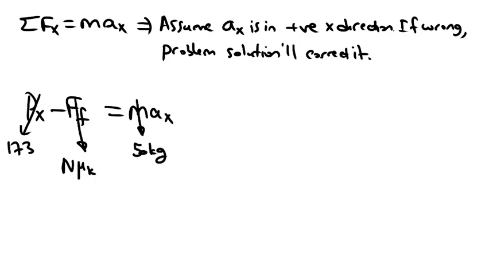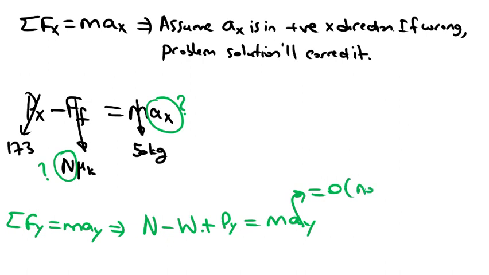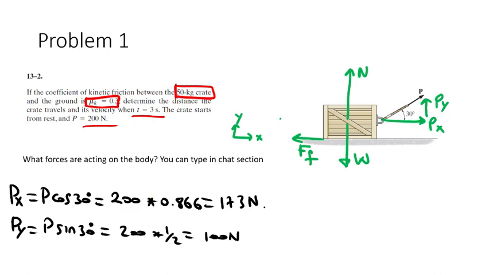Okay. Then it's time to write the y direction, because I don't know what N is, and I don't know what ax is. I need one more equation, which is that the forces in the y direction equal m ay. In the y direction, we have the normal force, which is positive, the weight, which is negative, and Py, which is positive. That will be equal to m ay, which is 0, no acceleration, which makes sense because the body will not fly up.